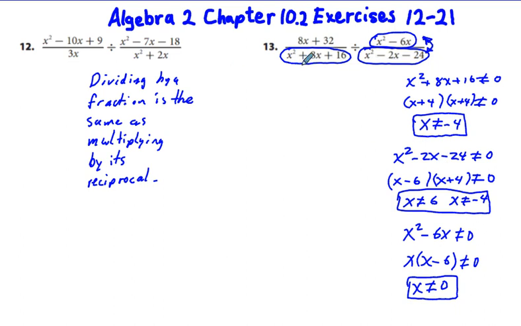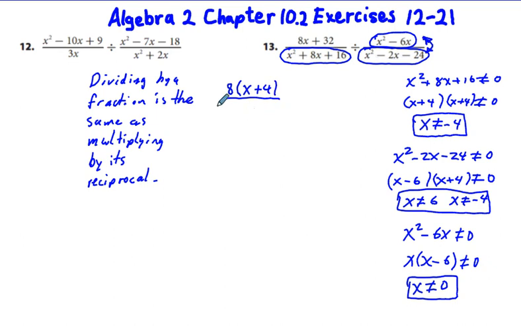So now we're going to go ahead and rewrite and simplify, and this shouldn't be too bad. So first of all, we're going to rewrite this whole division problem here. We have the numerator. Originally we had 8x plus 32. Well, our common factor here is going to be 8. So 8 times quantity x plus 4.